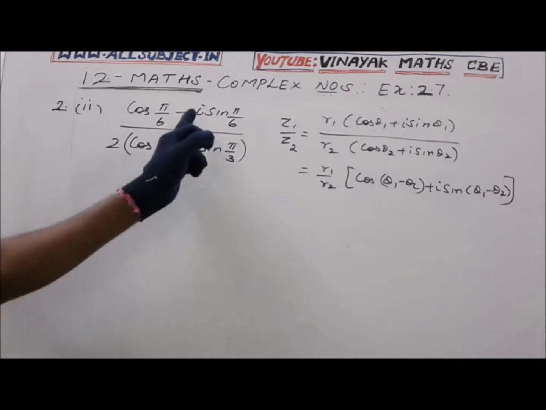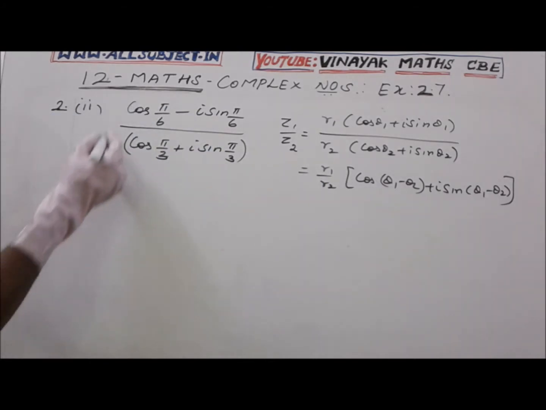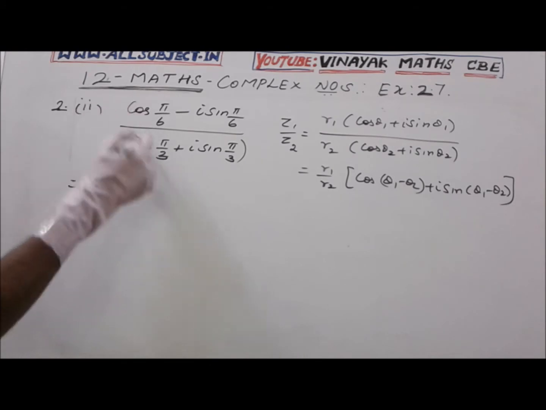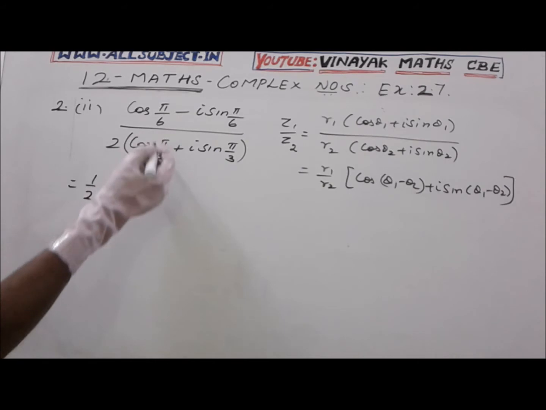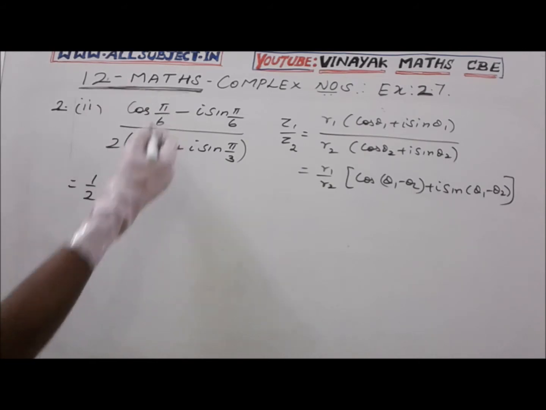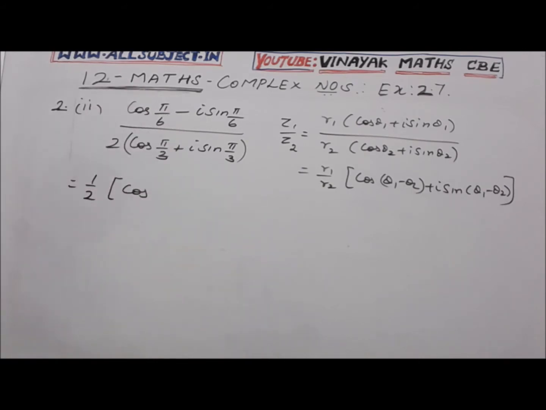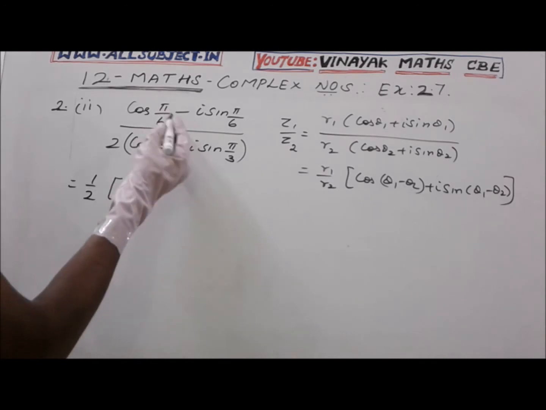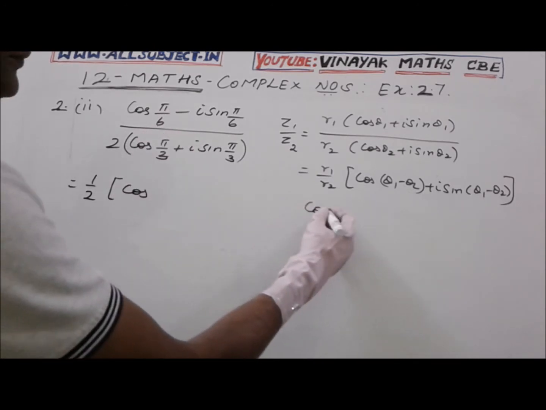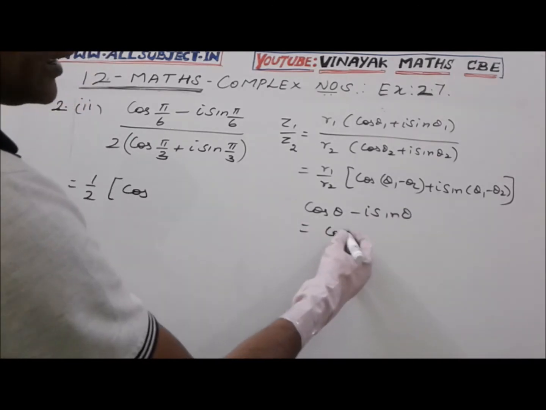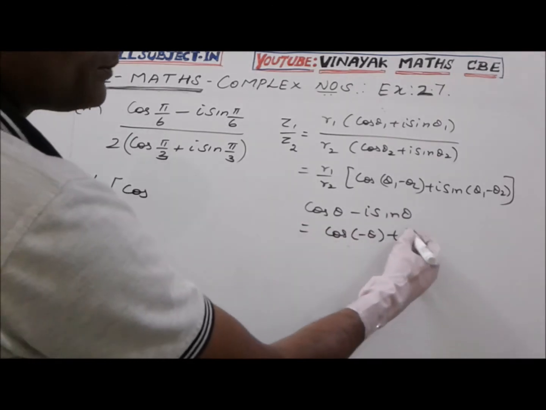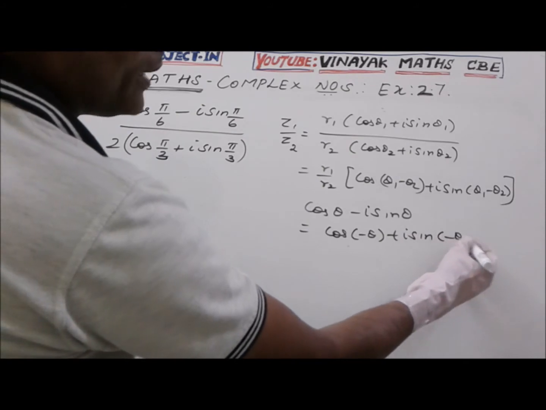Substituting this result, we can simplify this, which is equal to the modulus value of 1 by 2 into cos of pi by 6 minus pi by 3. Here we have plus pi by 6, and we can write cos theta minus I sin theta as cos of minus theta plus I into sin of minus theta.